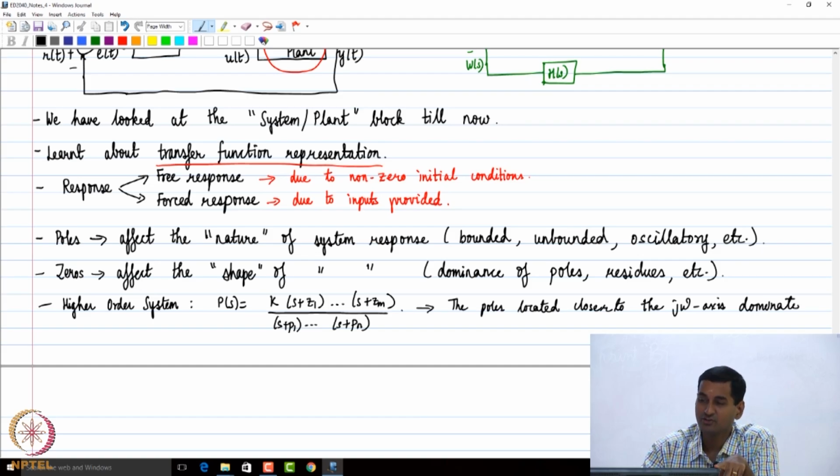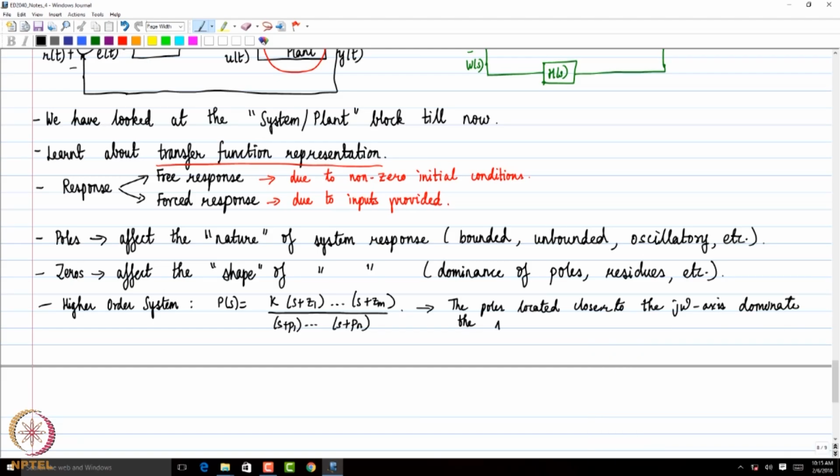That's why they are called the dominant poles. You can have n poles in general, but the poles which are closest to the j omega axis dominate the system response. But of course, the presence of zeros would also affect this characteristic.